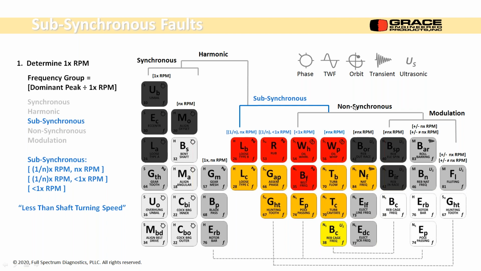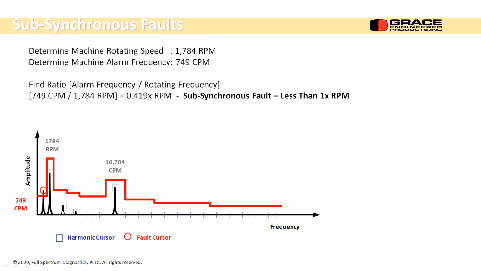Subsynchronous and non-synchronous overlap on these 2 columns. So we can have low frequency subsynchronous and non-synchronous problems. Okay. But basically the main definition is subsynchronous is less than turning speed.